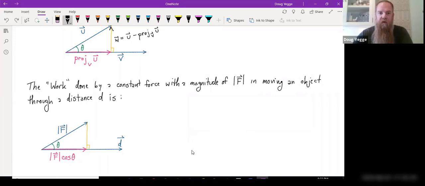So in general, the work done, if the force is directed in the direction of motion, is nothing more than force times distance. Right? If it was a distance of 1 foot, then the work would just be whatever the force is. But if I have to push for 100 feet, it would be 100 times what the force is.